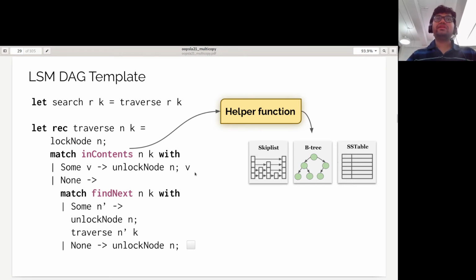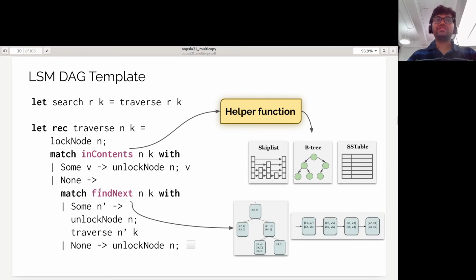If it does not find a key, then it moves on to the next node with the help of, again, a helper function called findNext. Again, findNext, depending on if this node is part of a DAG or a list, provides a way for the search to go to the next node. So essentially, this template algorithm covers all sorts of varieties of these LSM trees.